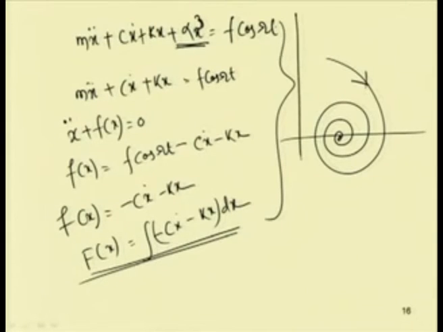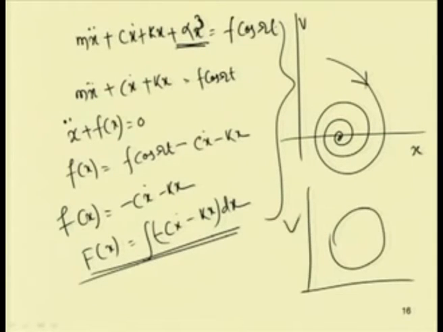So, if one plots v versus x with time, in the case of a conservative system we obtain a periodic response, but in this case the response will die out and finally it will come to a fixed point.